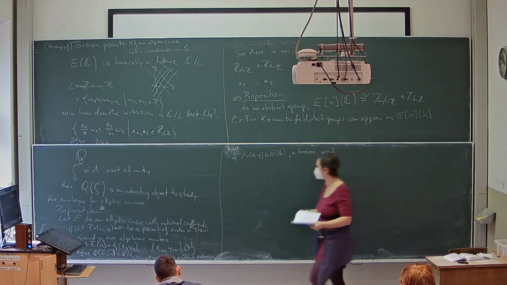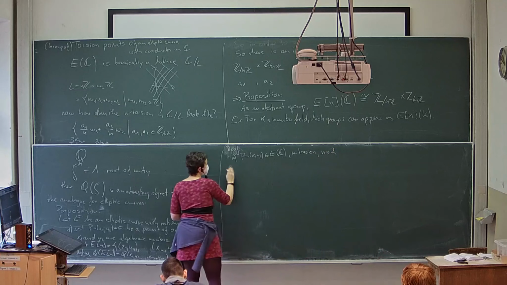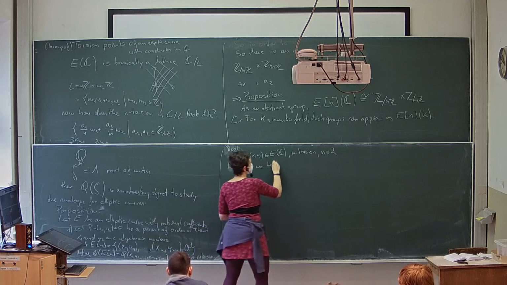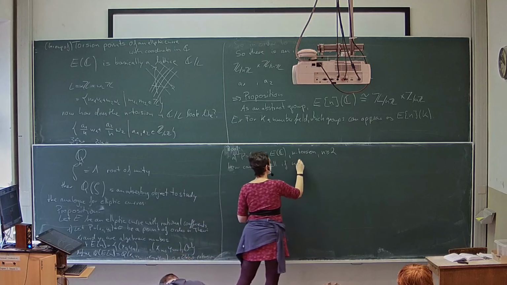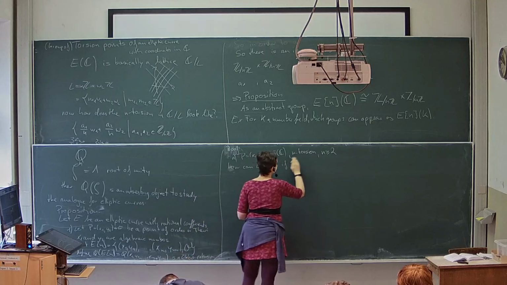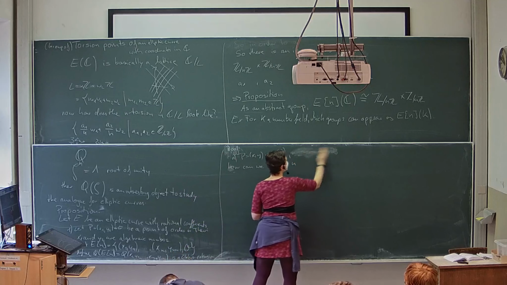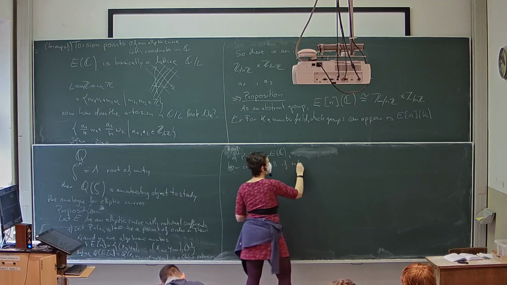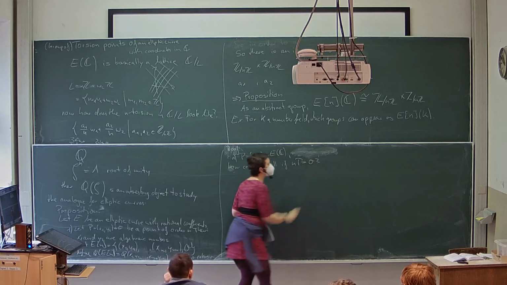We want to know if it's n torsion. So let me write it like this: how can we tell if NP is the point at infinity?